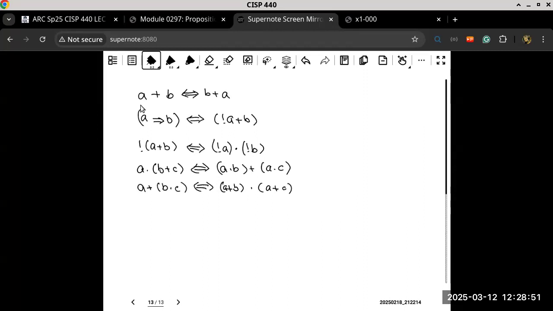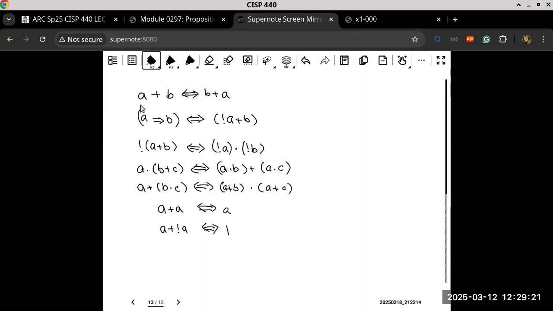So there are lots of little things like these, and a whole bunch of things that can help you simplify. For instance, A or A if and only if A, and A or not A if and only if one, because if you have a disjunction between any Boolean value A and its negation, one of them has to be true.